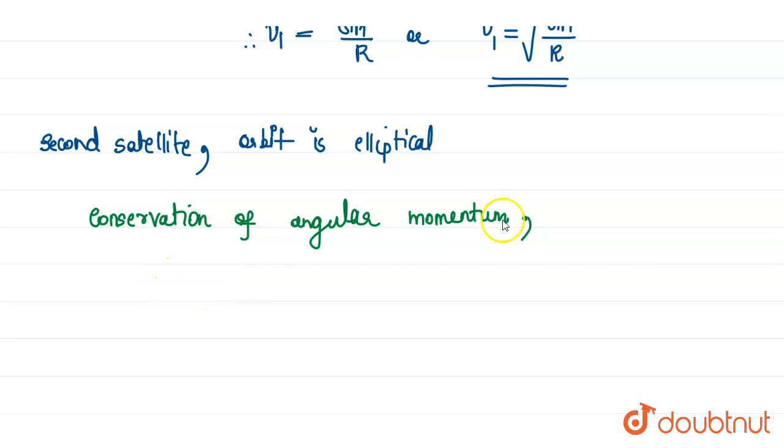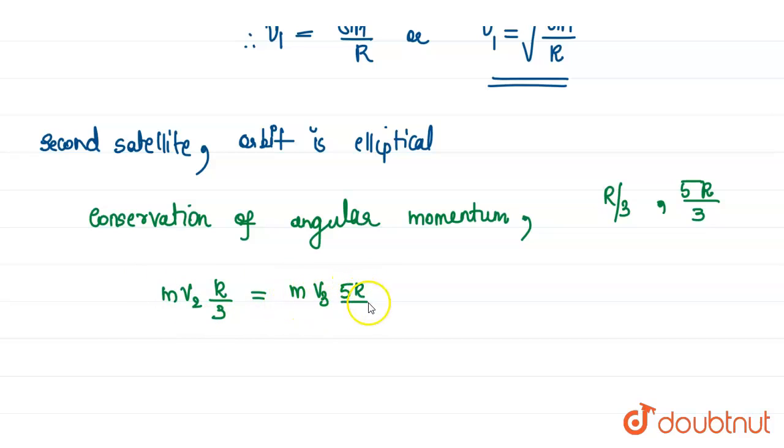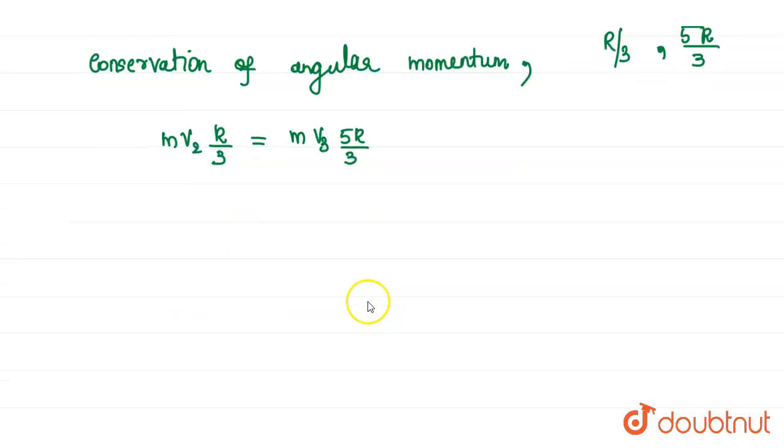The minimum position is r by 3, and the final maximum position is 5r by 3. The angular momentum is mvr. So m into v2 into r by 3 equals m into v3 into 5r by 3. This is the radius of the minimum case and this is the radius of the maximum case. So we can cancel m and r by 3. Therefore, v2 is equal to 5v3. Let it be equation number 1, the relation between v2 and v3.